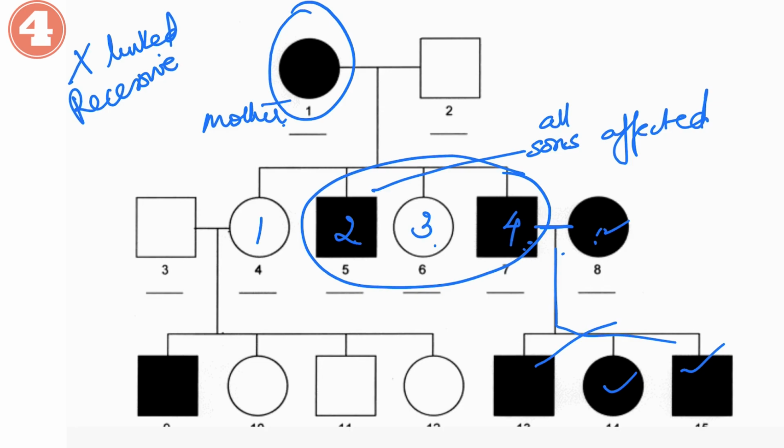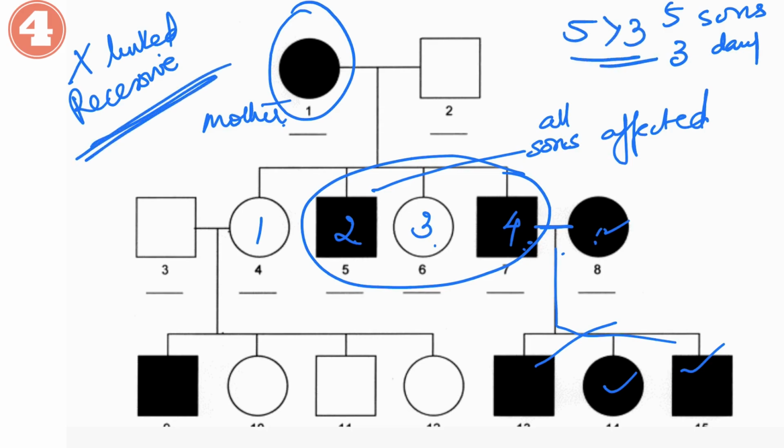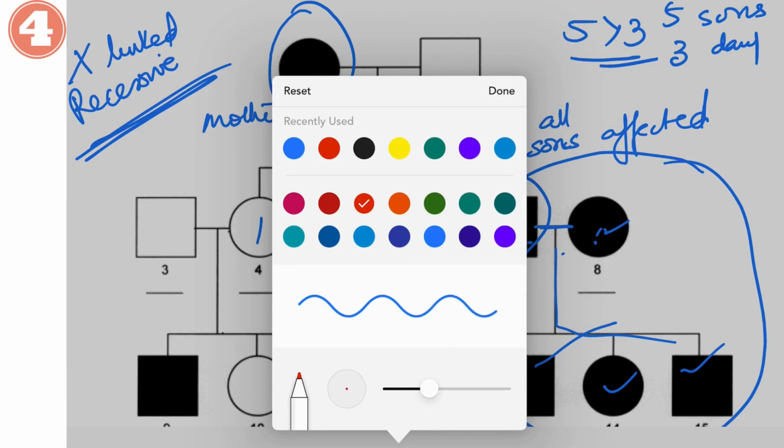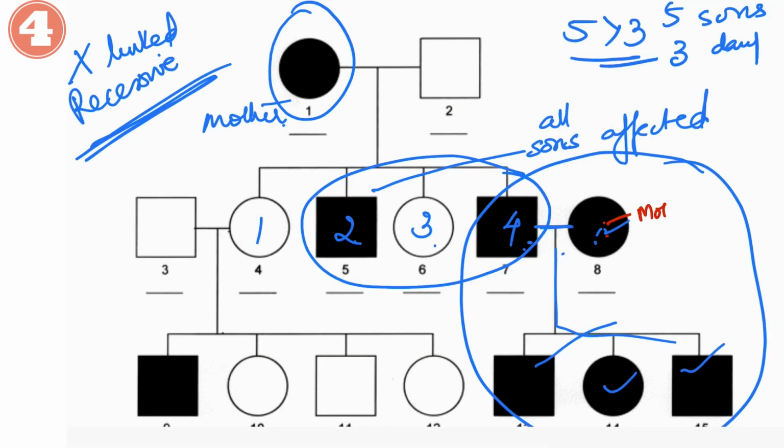Also, I told you, this is not always true, but you can also count this. You can see that there are 5 sons and how many daughters? 3 daughters. So again, more males in this case. So X-linked recessive. And here, if you look at this area, what do you see? This is the mother, this is the father.